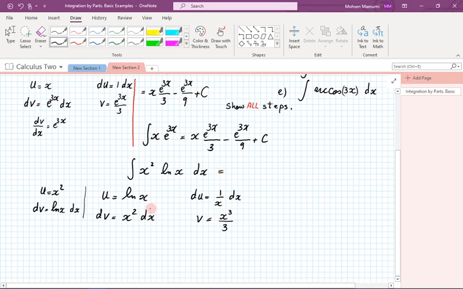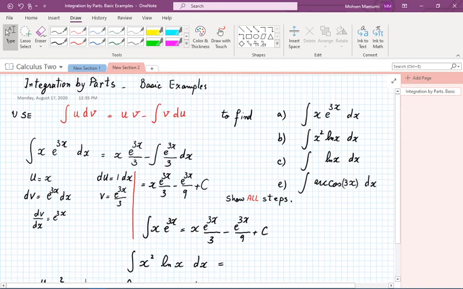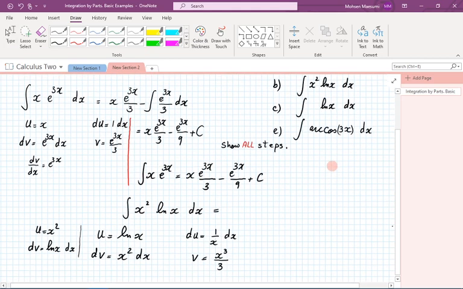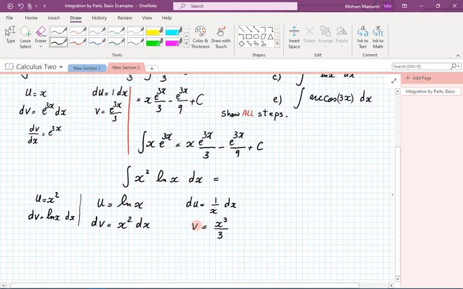So when we talk about the integral u dv is supposed to be equal to u times v minus v du. So u times v is going to be x cubed over 3 logarithm of x minus v du, that's minus this expression which is x cubed over 3, that expression which is 1 over x dx.